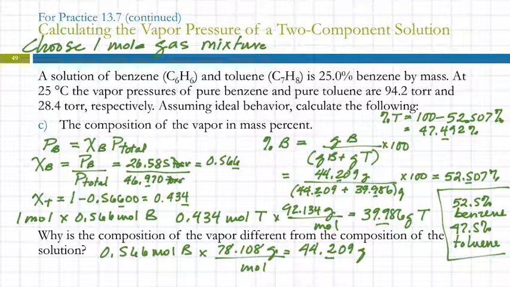Their vapor pressures are not the same, right? Benzene has a vapor pressure of 94.2. Toluene is 28.4. So even though the solution has a lot more toluene, its vapor pressure is significantly lower. So it contributes less to the vapor. Benzene contributes more to the vapor, and they come out being close to even.